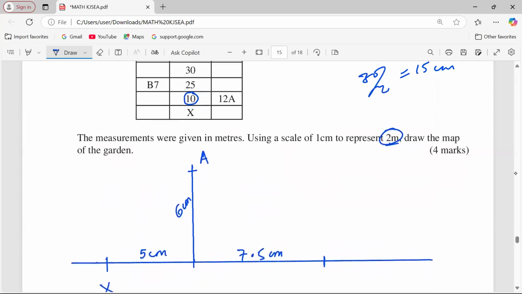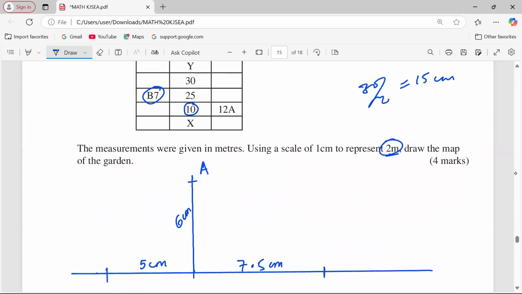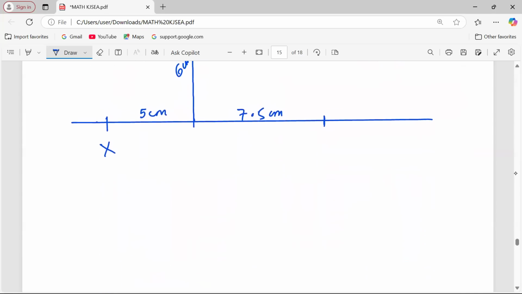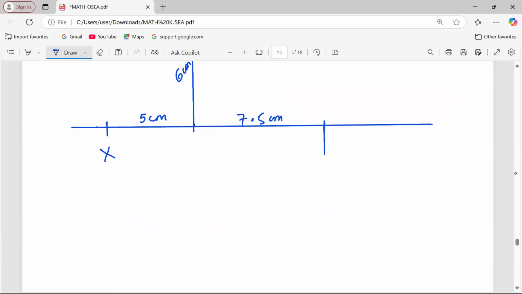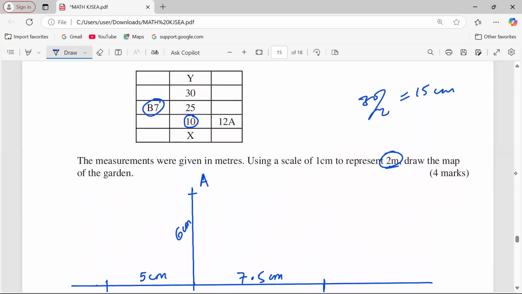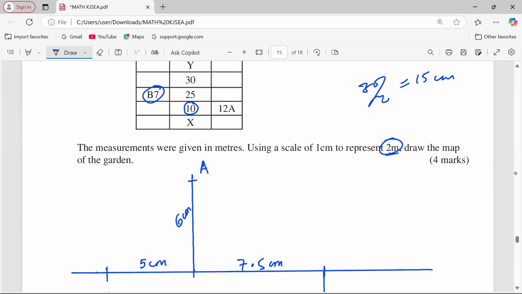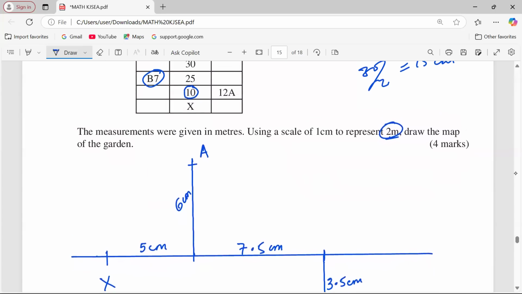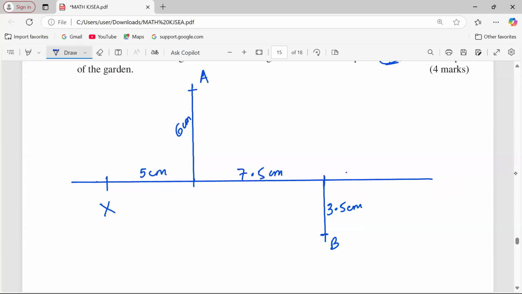This distance of 7 meters will be represented by 3.5 centimeters. This is B. Then finally, to the 30th, we are adding only 5 meters. 5 meters will be represented by 2.5 centimeters. So this now becomes our Y.